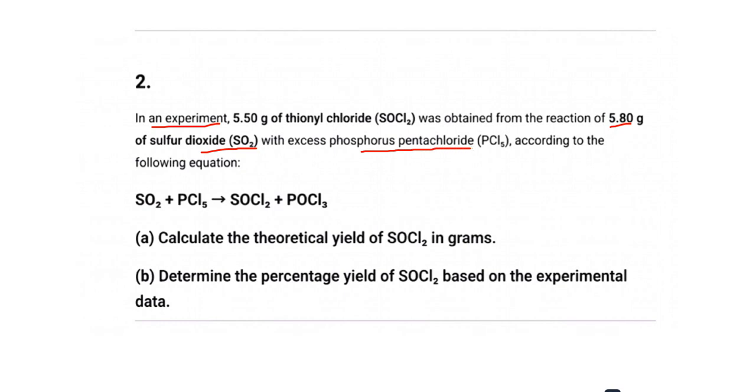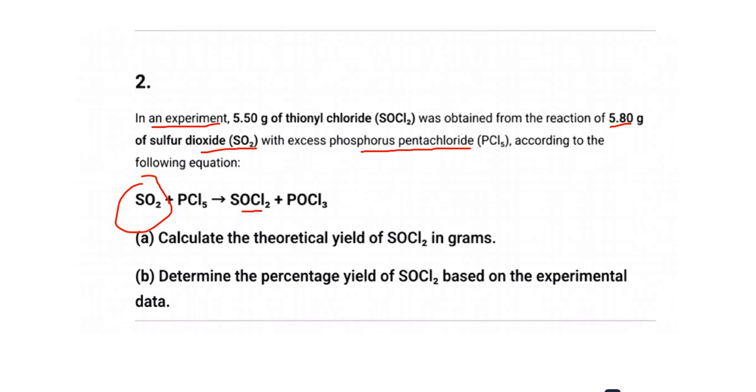According to the following reaction, this sulfur dioxide reacts with the phosphorus pentachloride to produce thionyl chloride plus potassium chloride.